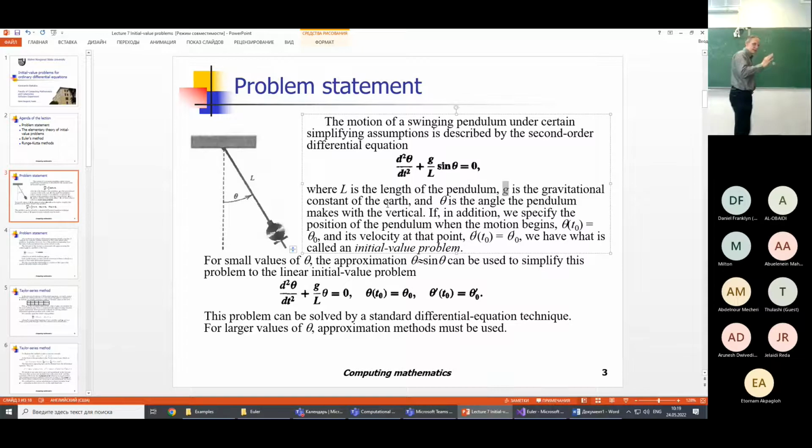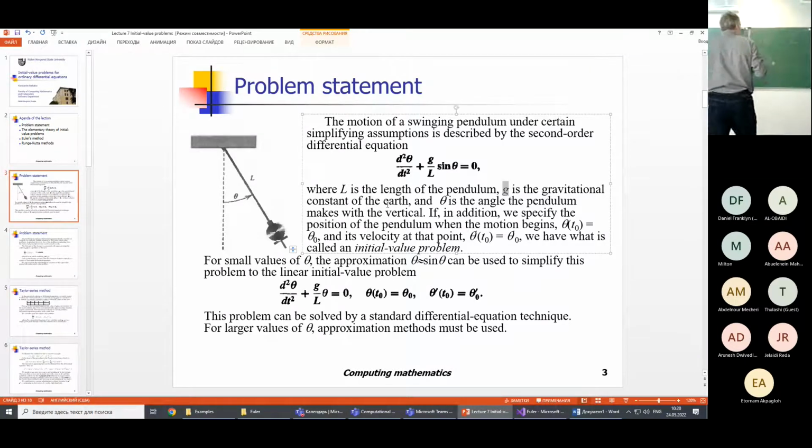Let's denote it as t0. And at this initial moment of time, we know the angle theta of t0, and we know the velocity.